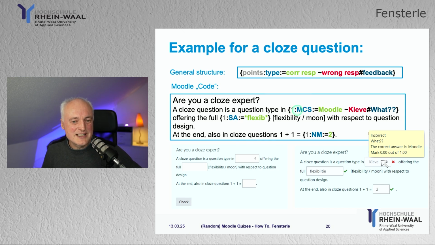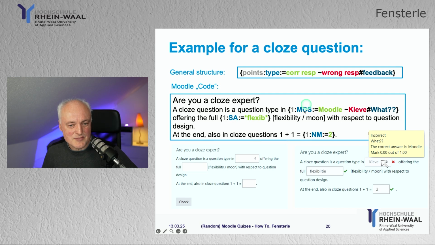Typically, if it's an MCS type, this generates these fields where you can have different selections. So you always have the structure: braces, points, double point, type, double point, equal correct response, tilde, wrong response, and if you want, hashtag feedback. So this is how these questions are embedded, and there are different types.